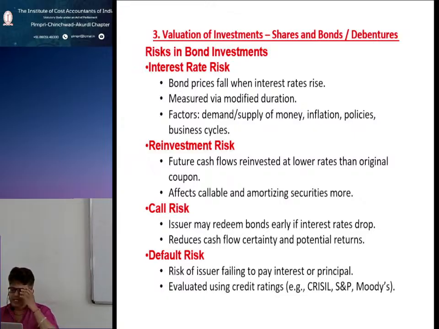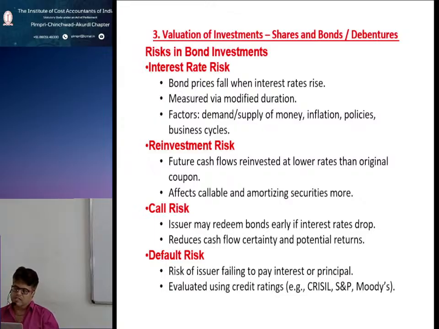Interest rate risk is that bond prices fall when interest rates rise, and it is measured via modified duration. The factors include demand and supply of money, inflation, policies, business cycles. Second is the reinvestment risk, where future cash flows are reinvested at lower rates than the original coupon, and it affects callable and amortizing securities more.